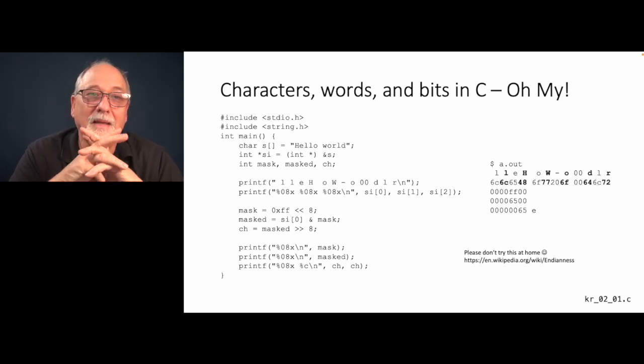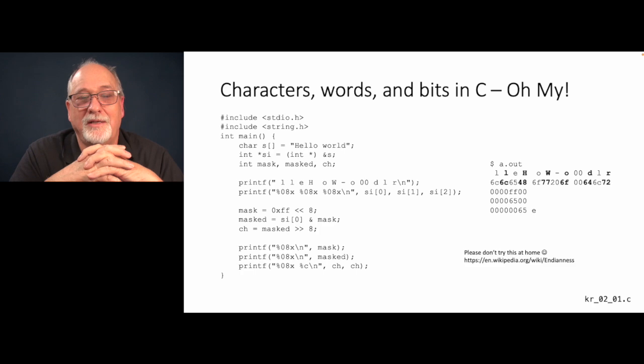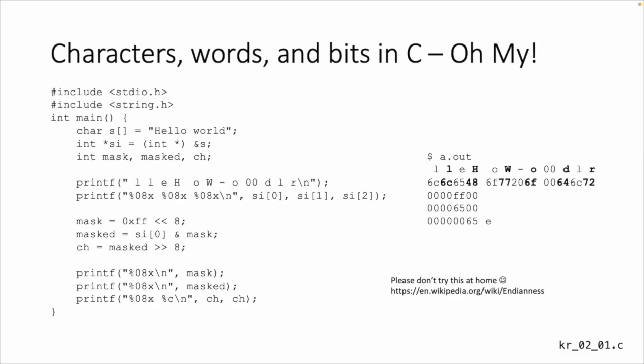So in those first 2 lines, I've got a character array and an integer array. This is a 32-bit integer, and that means the characters are stuck into 32-bit integers in a little-endian way.